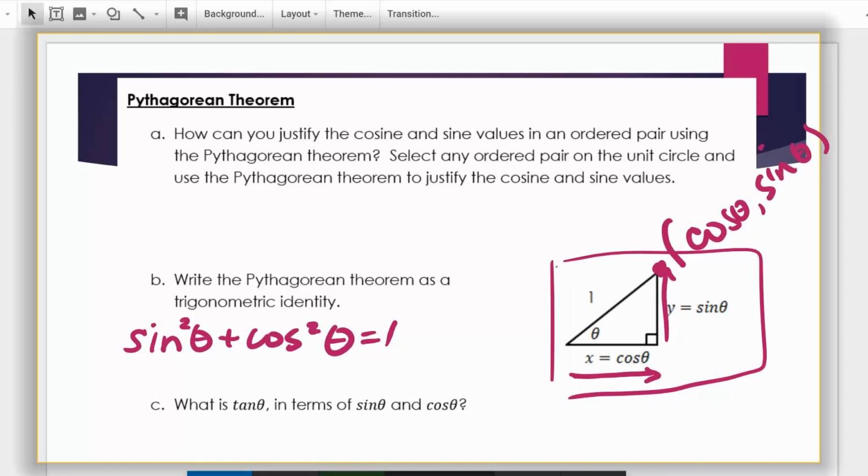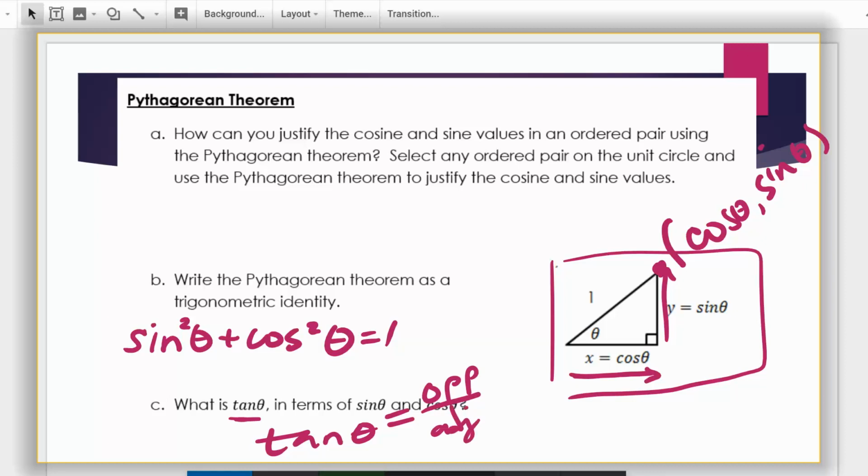So then we said, well, can we find what tangent theta is in terms of sine and cosine? Well, sure, why not, right? Because we know tangent is equivalent to opposite over adjacent.